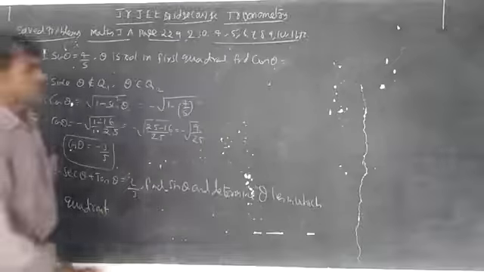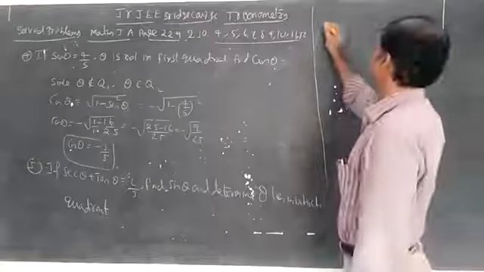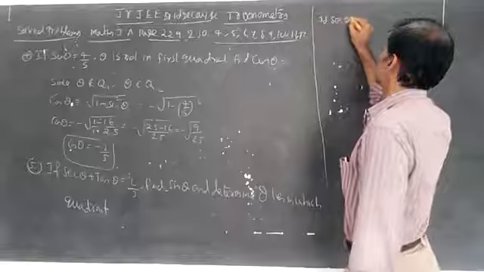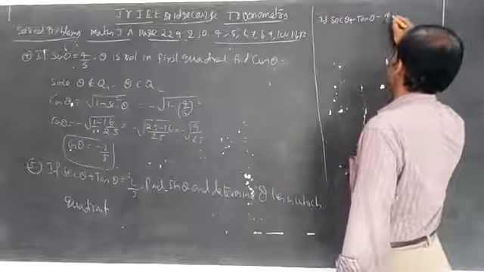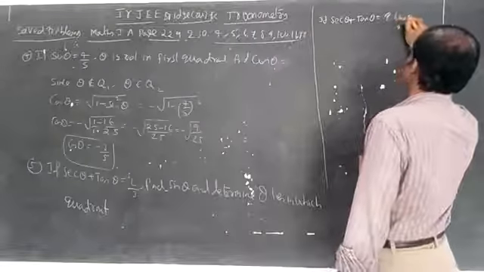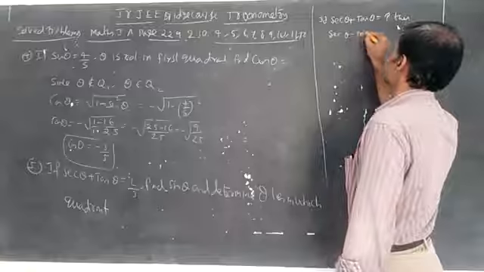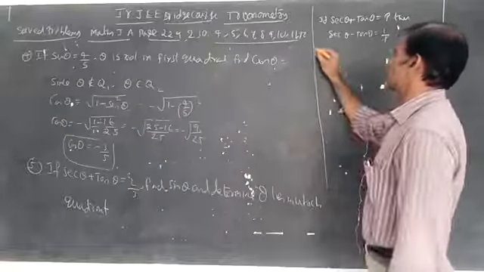We discussed the formula: if secant theta plus tan theta is equal to P, then secant theta minus tan theta is equal to 1 by P. I said the formula with proof also.